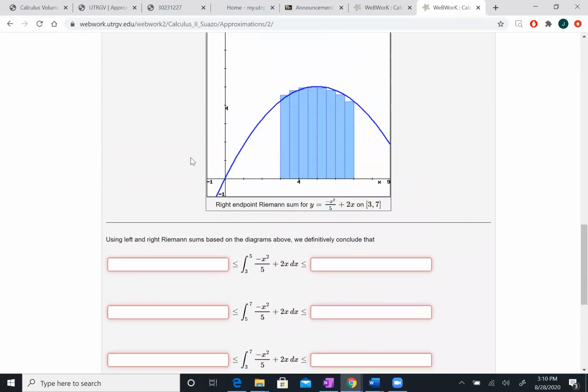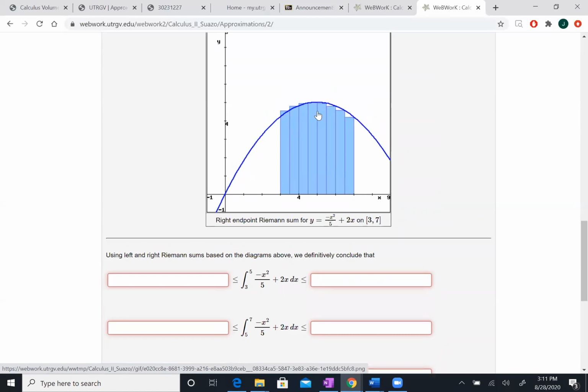What happens is that sometimes the left or the right-hand sums are going to be different. Since it's not clear here that this is an overestimation. You see? Because it's concave down.